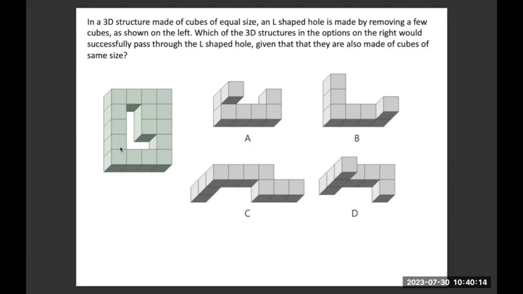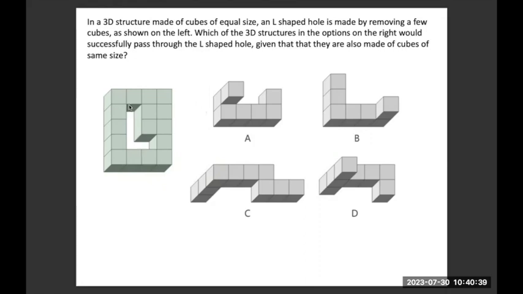This is a wall, or a block, with an L-shaped hole in it. This L shape is made up of 3 block units on one side and 2 block units on the other side. The square is 1 unit. So it's made up of 4 blocks: one side is 3 units, one side is 2 units, and the top is 1 unit.